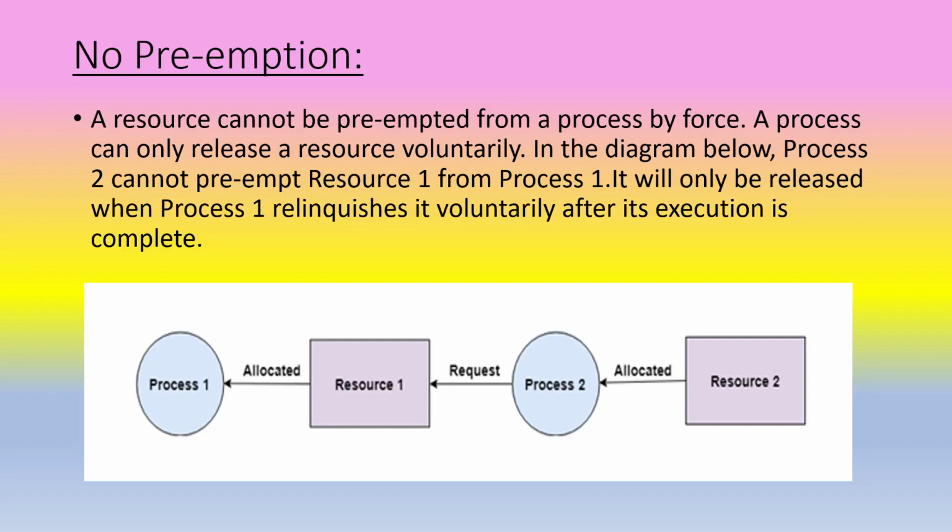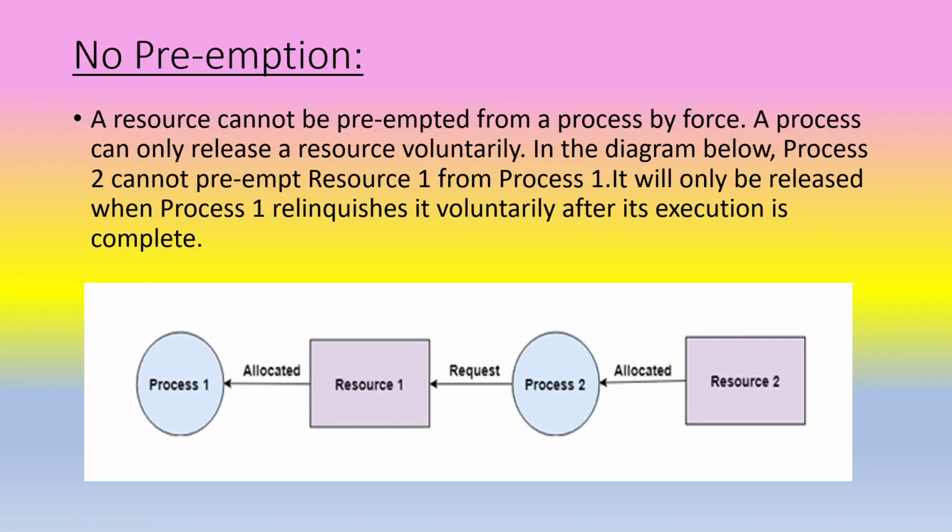Here we can see no preemption. It means a process cannot release resources until it completes its execution. A process can release its resource only after it completes its execution. So here, based on the given diagram, process 2 cannot preempt resource 1 from process 1. It will be released only when process 1 relinquishes it voluntarily after its execution is complete.